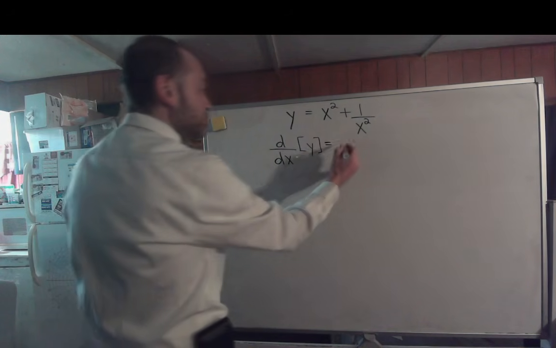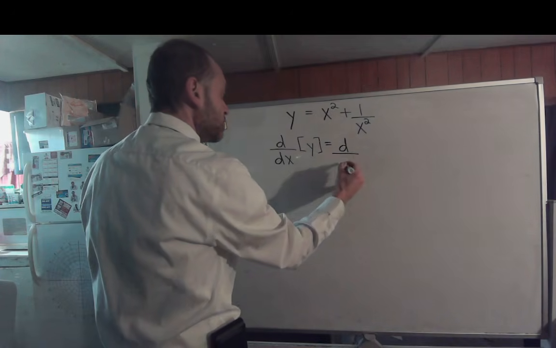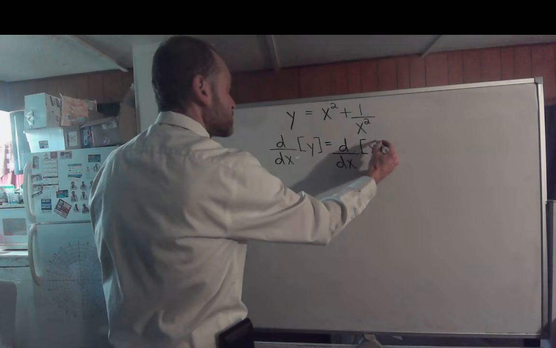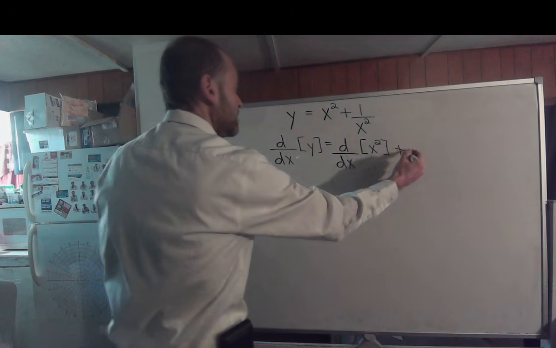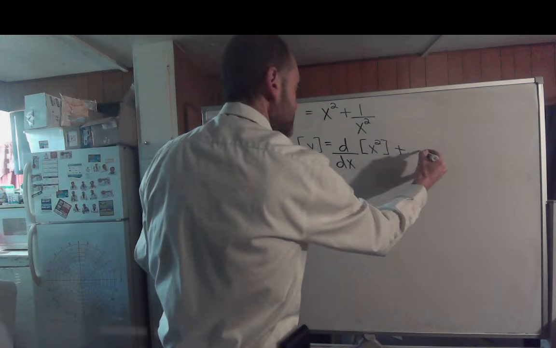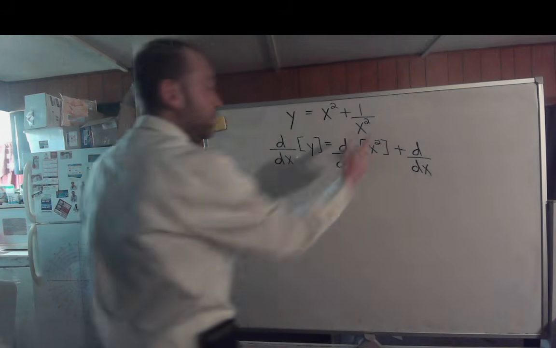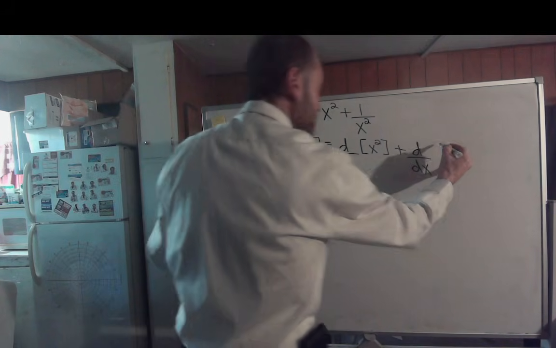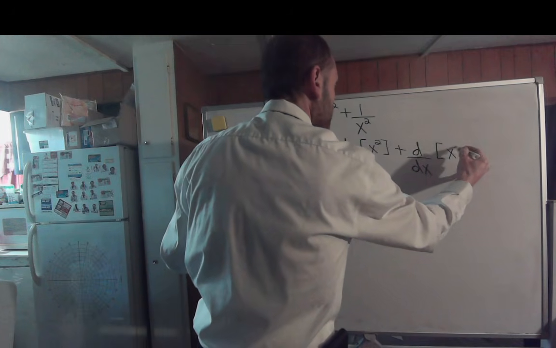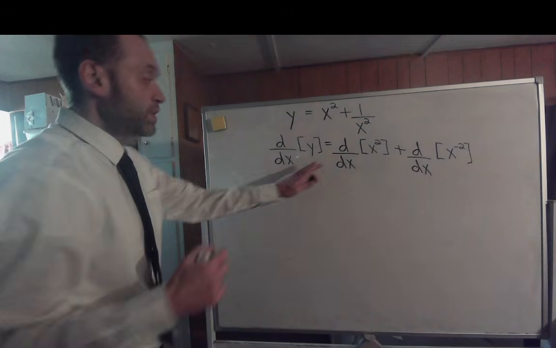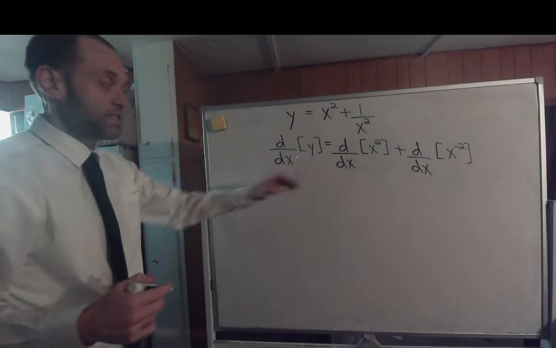That's going to be equal to taking the derivative with respect to x of x squared plus the derivative with respect to x of that 1 over x squared, which we know is the same thing as x to the negative second, right? That might help us. Now, what do we do once we have the d dx notation?